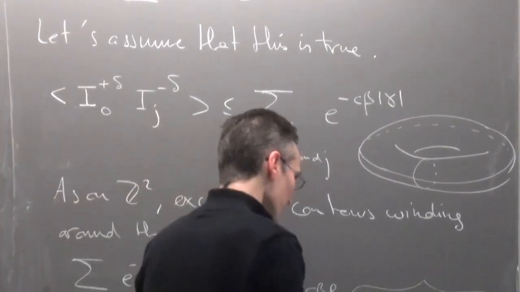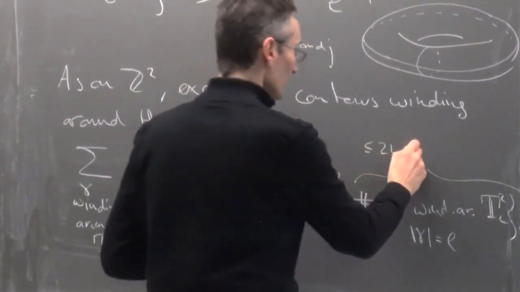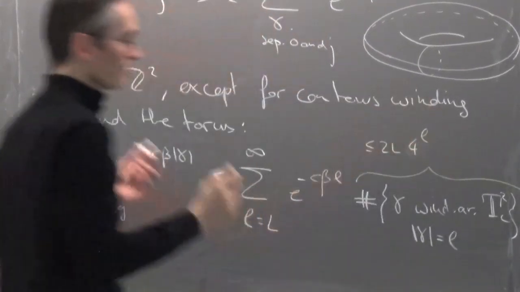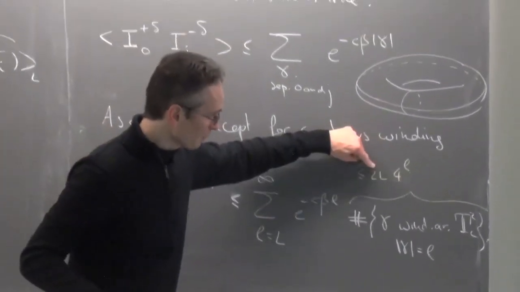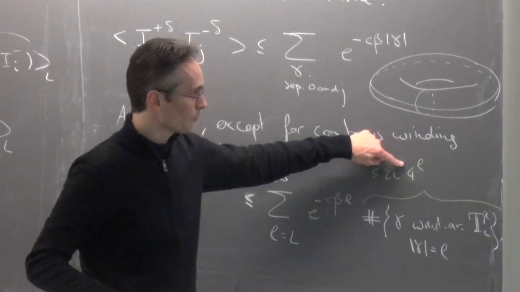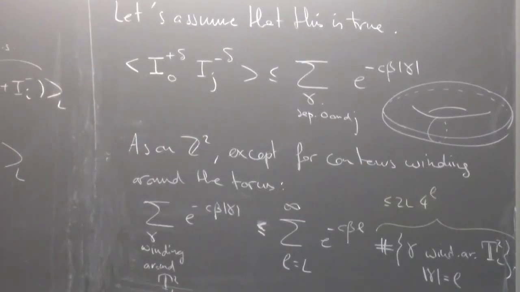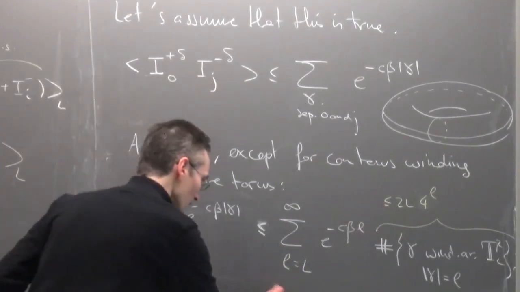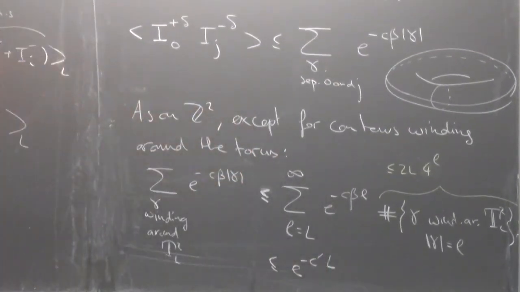So this gives me a 2L. This is smaller than 2L times 4, say, to the power L, for example. Very rough bound. So that's the starting point. So once you know the starting point, for each step you have 4 possibilities. So this gives you an upper bound on the number of guys which are winding around the torus. Okay? And then when you sum over this, it gives you something which is smaller than e to the minus C prime L. Okay, so this is something which is completely negligible.